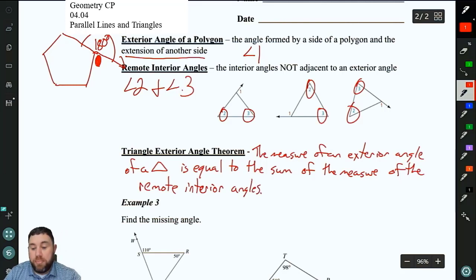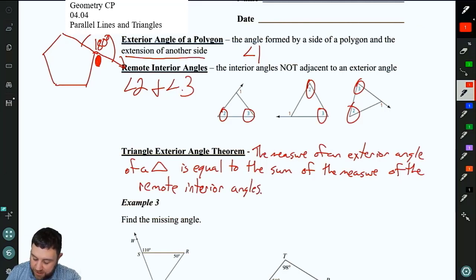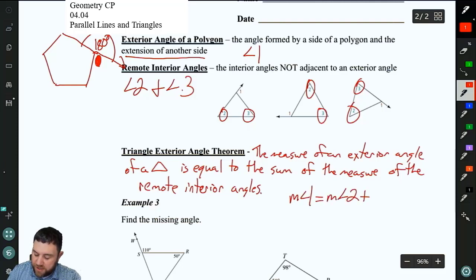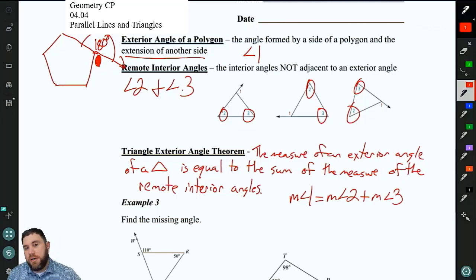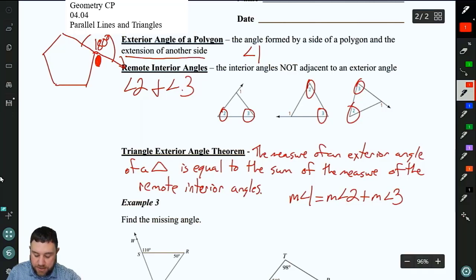Using our pictures up here, for each of these, the measure of angle 1 equals the measure of angle 2 plus the measure of angle 3. So the exterior angle equals the two remote interior angles added together.